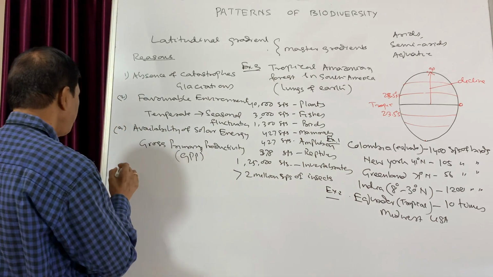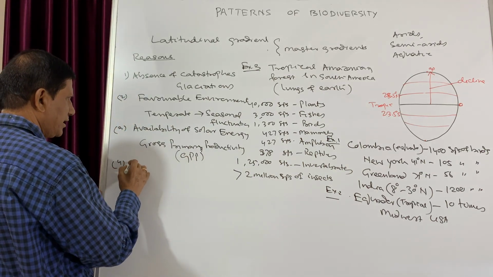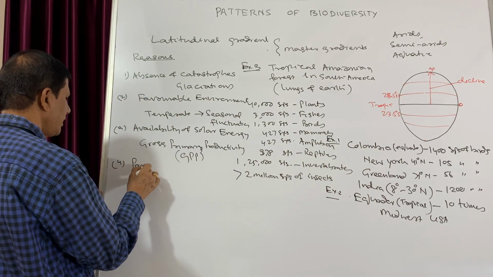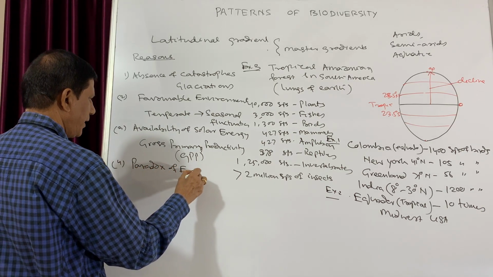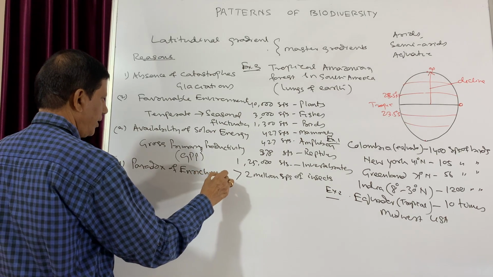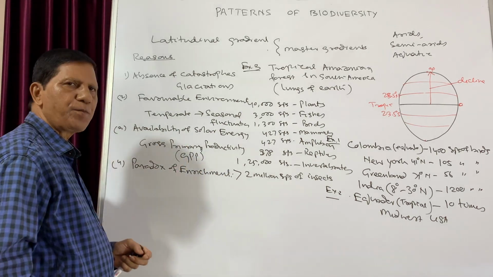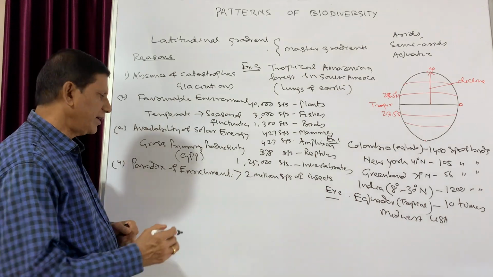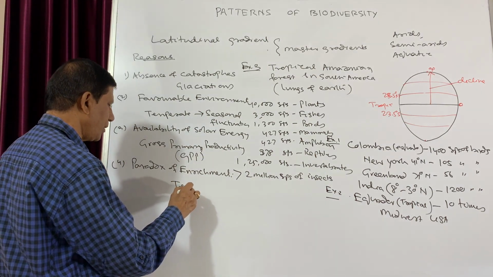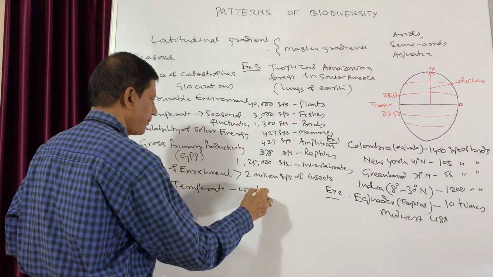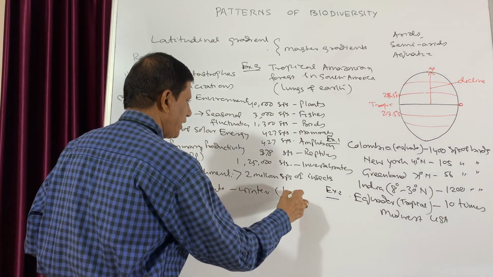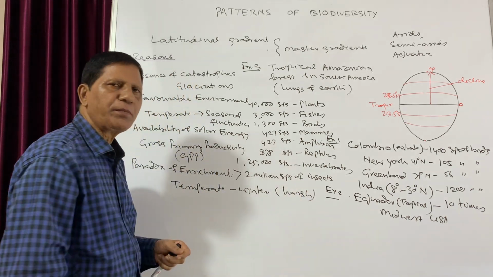And the fourth point we can tell is the paradox of enrichment. Now, what is this point? You'll find in the temperate region there is a winter season, and the winter season is very harsh for the development of plants.